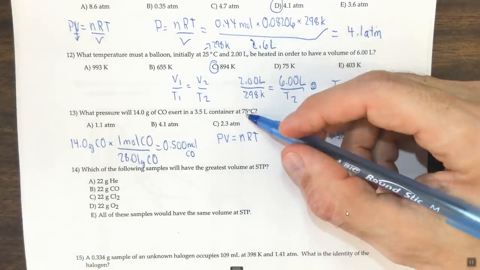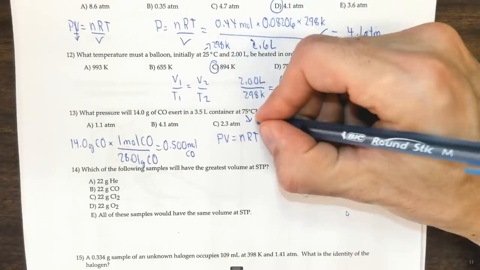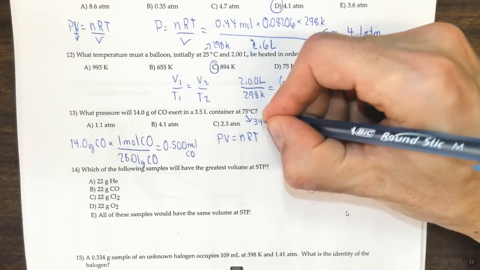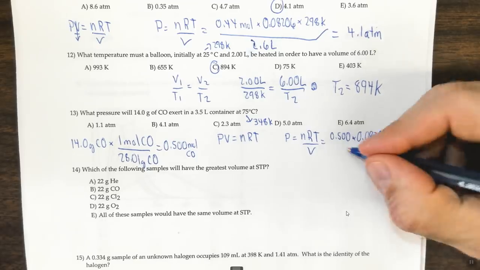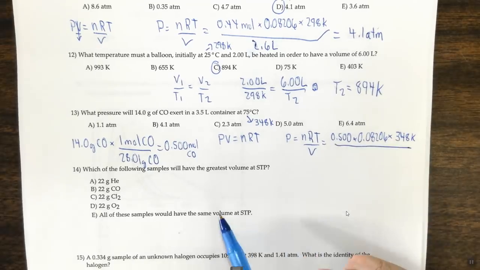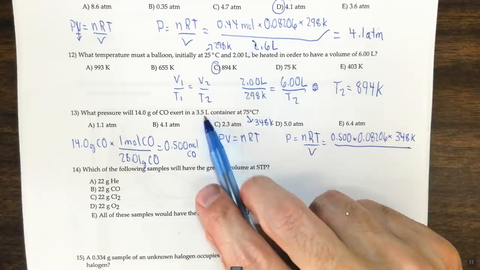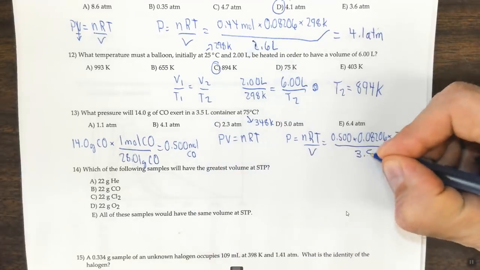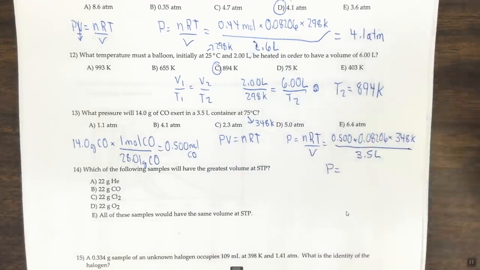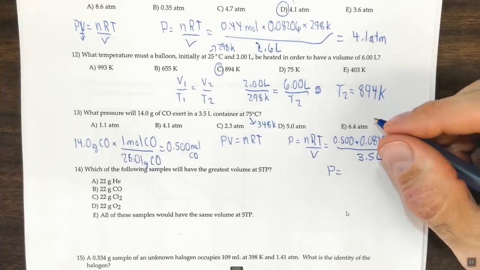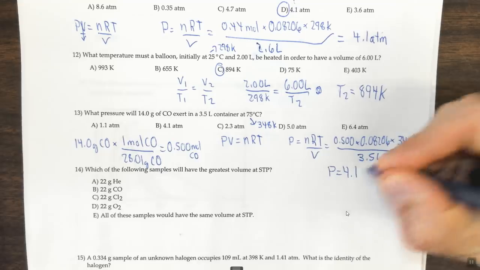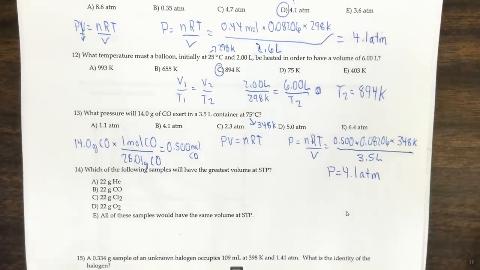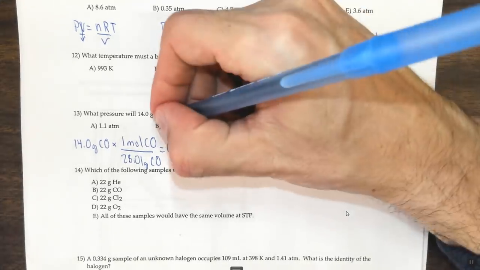We have to add 273 to that, so we get 348 K. And the volume of this gas is given in the problem as 3.5 liters. When we do the math, we find that the pressure of this gas is equal to 4.1 atmospheres. And that is choice letter B.